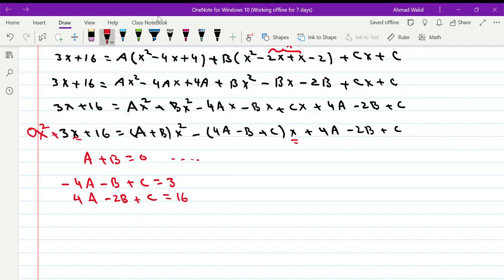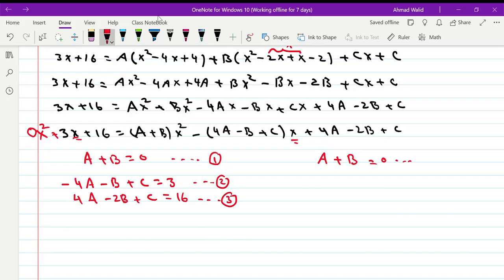Unfortunately, this one is not that quick. You have to deal with this, but you have a missing variable. Equation number 1 is ready for you. A plus B equals 0. You need to pair number 2 and number 3 and eliminate C. Then you can pair the new equation with number 1, right?